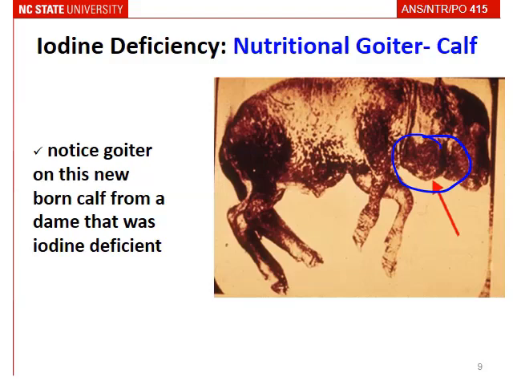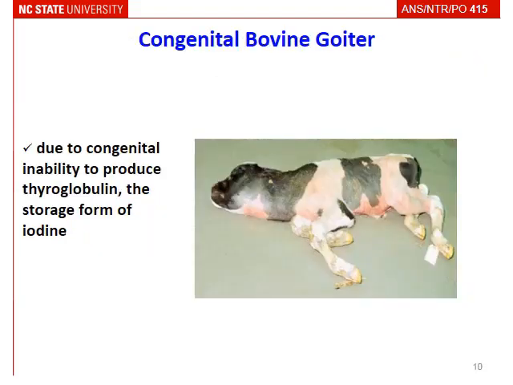If there aren't enough nutrients in the environment for the mother, she will more likely limit the nutrients to the fetus. So this fetus ended up developing a goiter before it was even born.